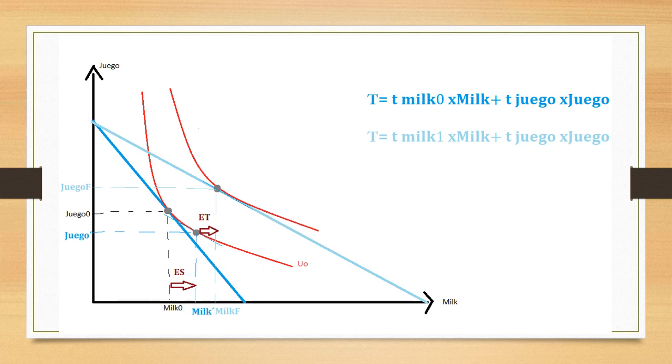We find this effect of substitution by going along the same indifference curve, which is u0, and trying to find the point where the slope is equal to the slope of the new time constraint. Here is the point prime, let's say, with milk prime and juego prime as coordinates.